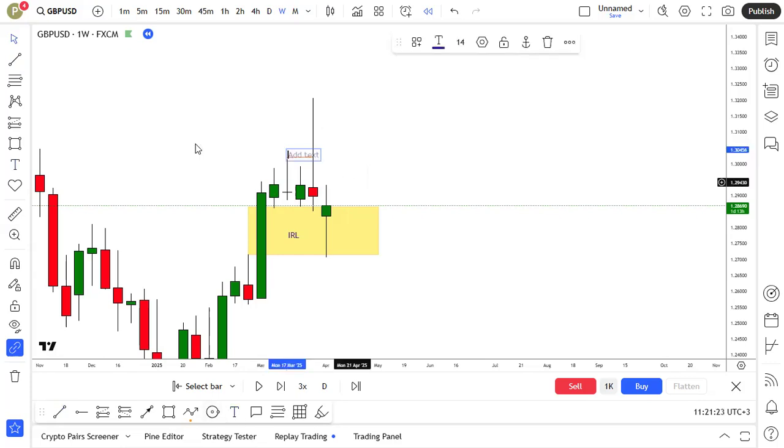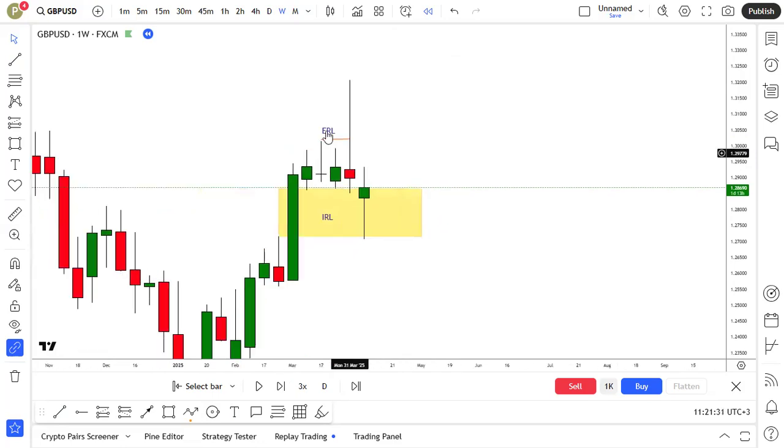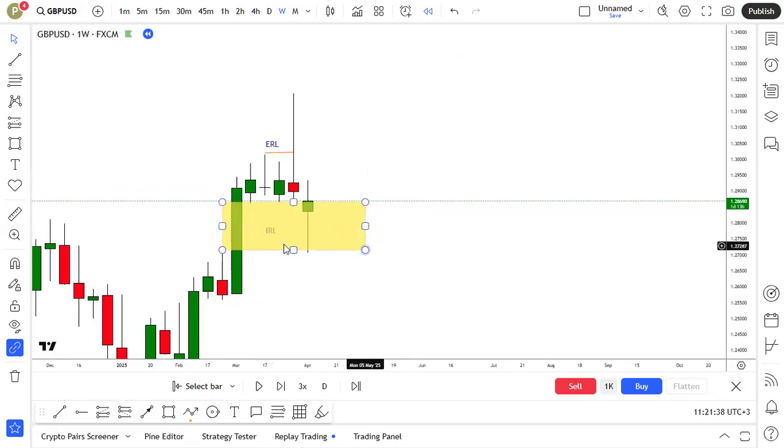In my video I've already explained internal and external range liquidity, which means price tends to move from external to internal range liquidity and also from internal to external. So right now we have just entered this internal range liquidity.